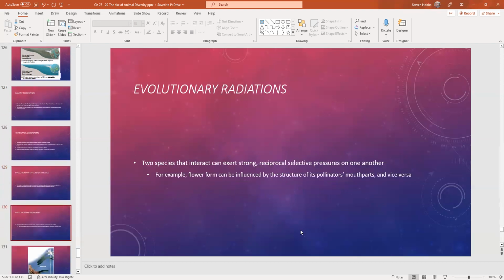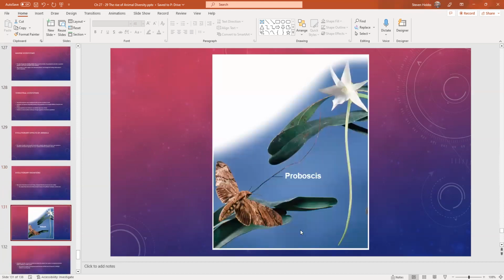So 2 species that interact exert very strong reciprocal selective pressures. For example, how a flower is formed can influence how an insect is formed, and how the insect is formed will also influence how that flower is formed. For example, the proboscis here. You see on this moth, the proboscis is really long. Well, it's going to reach way down here to get the nectar.